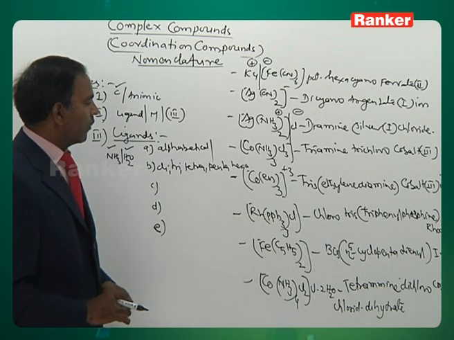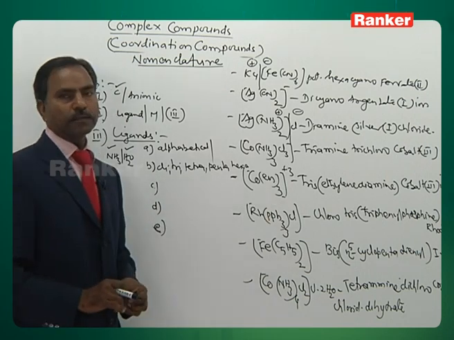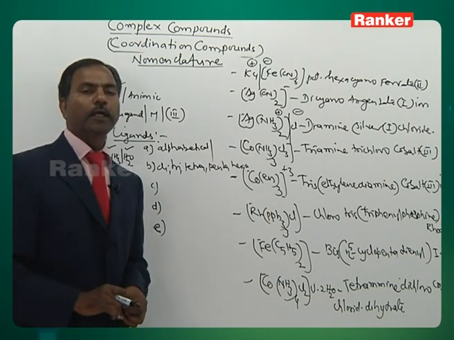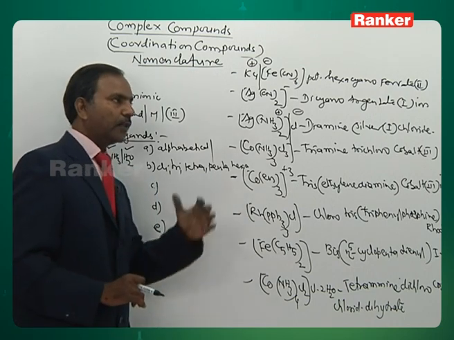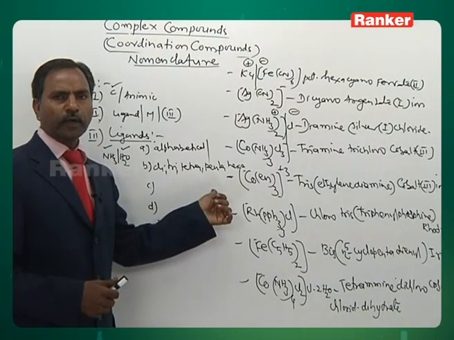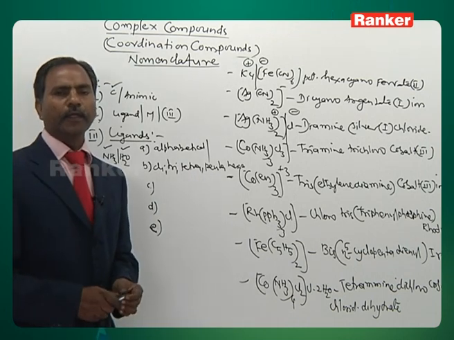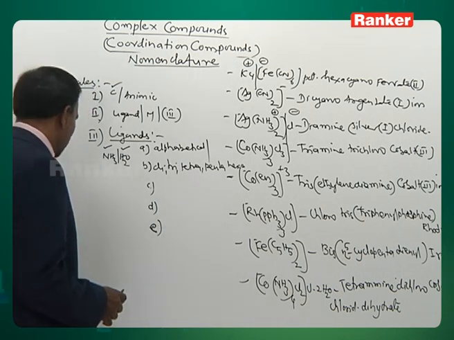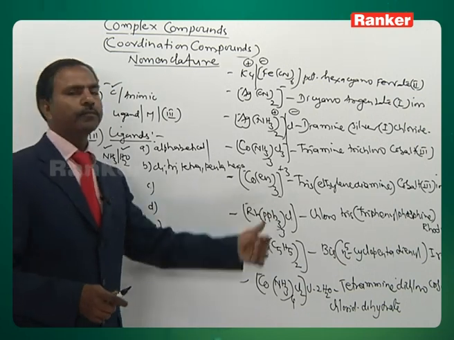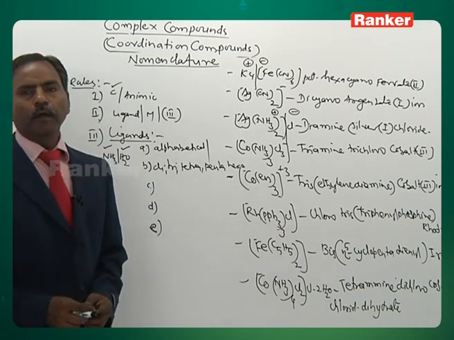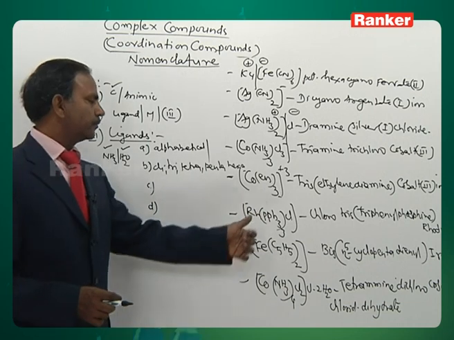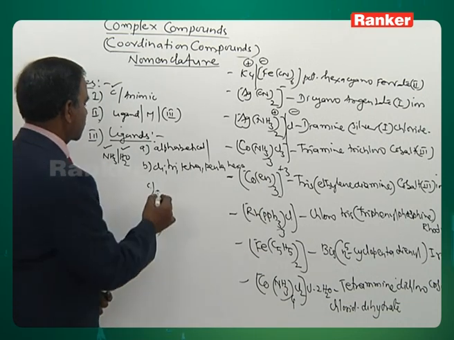Now, wherever polydentate or bidentate ligands come in the complex, then look here. Whenever a polydentate or a bidentate ligand is there in the complex, while numbering those ligands, we have to use bis.